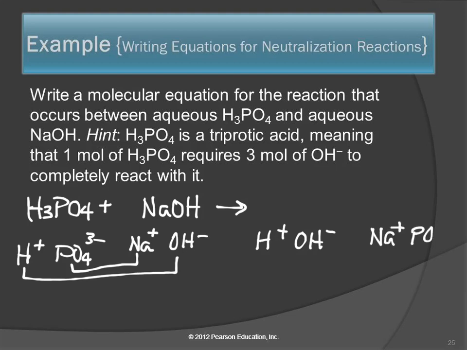Very important to have the charges there as well. So we look at H+ and OH-, the same charges. If we just put those together, we get HOH, and that looks kind of funny, doesn't it? That's H2O.